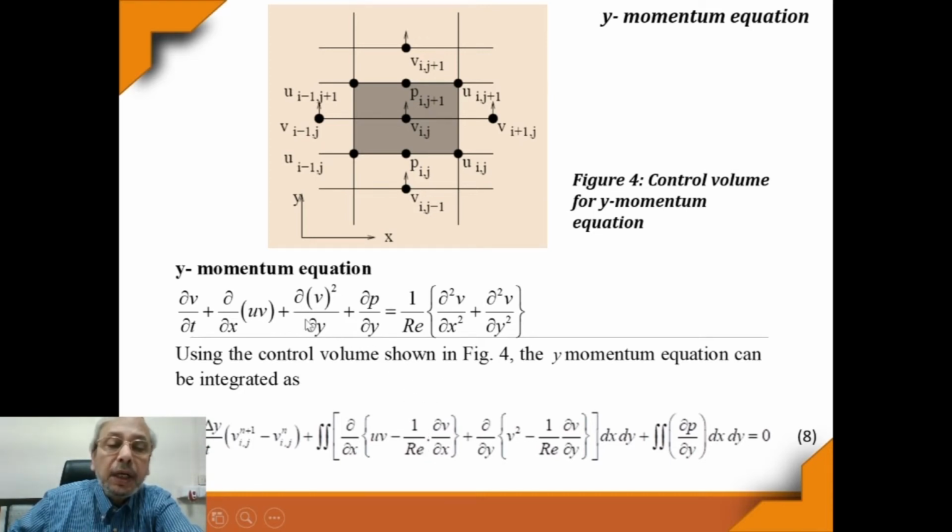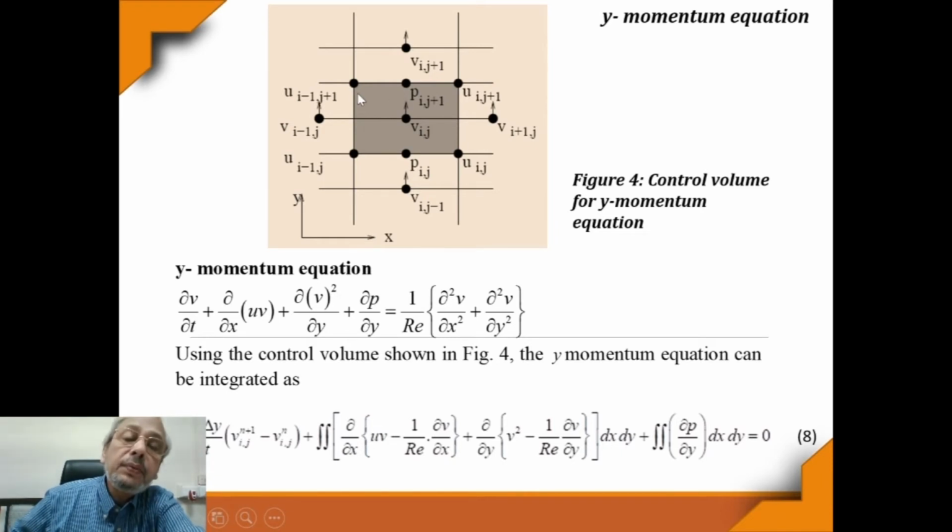Also with del y of v square we get 1 by Re del 2v del y2. Del y is operating on both. So this is something similar to strong conservative form, and then we integrate it over the V control volume.